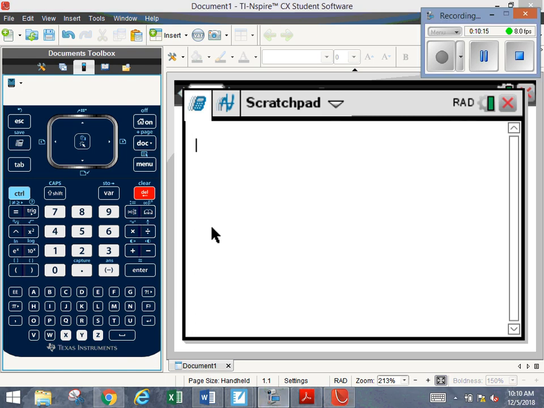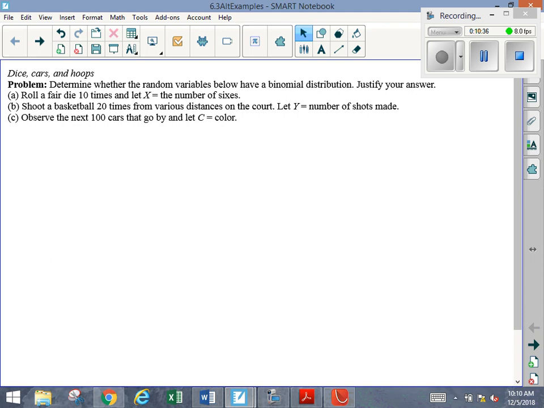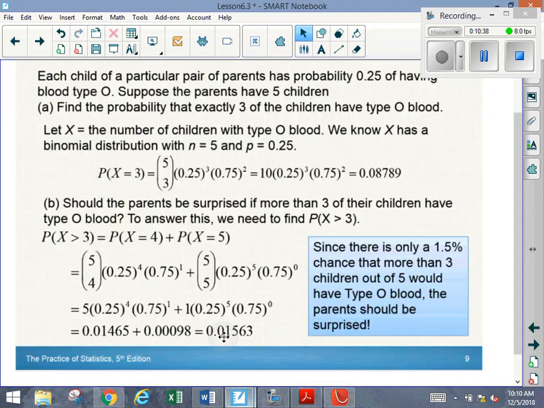In order to do this, we can just use our scratchpad. You don't need to make a new document or anything like that. What we need to do is determine what n and p are.